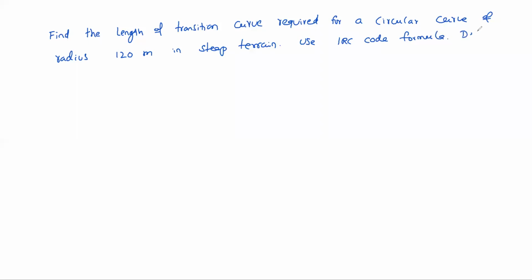Design speed is 50 kmph. Okay, as terrain is steep terrain, the LS formula is V square by R. That means 50 square by R, here 120. V square by R is 20.83 meters. Okay.